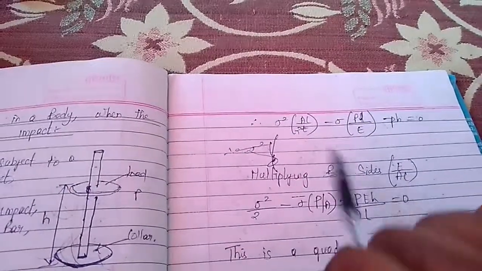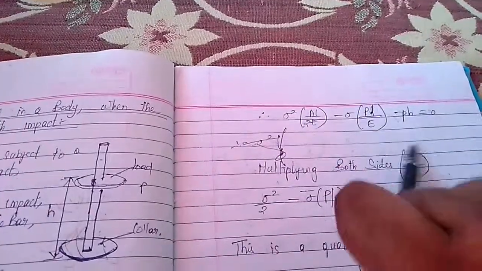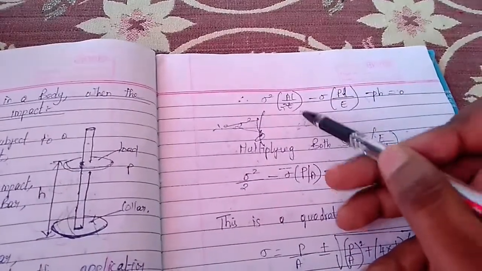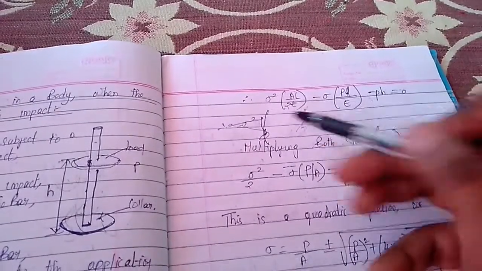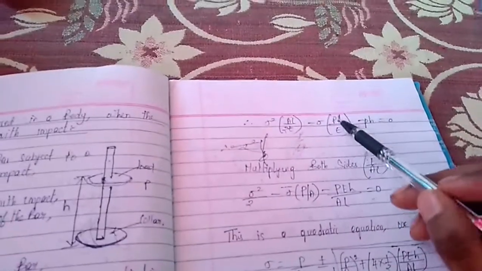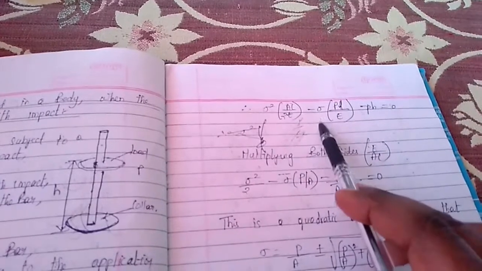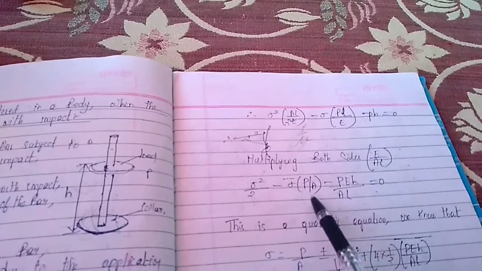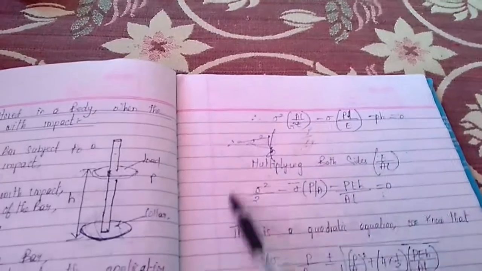Multiplying both sides by E by AL, the AL will cancel, L will cancel and E will cancel, and then sigma into PL by AE, L and E will cancel here. So you can write sigma squared by 2 minus sigma into P by A minus PEH by AL is equal to 0. So if you do this, you can get this equation.